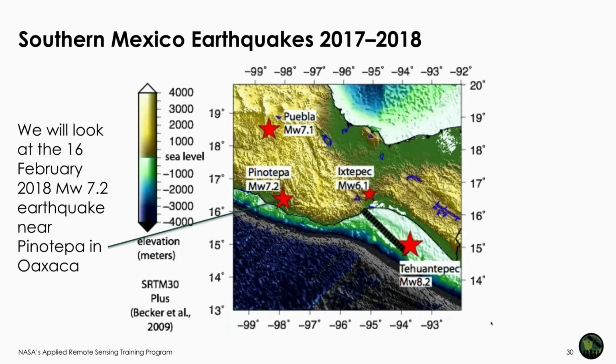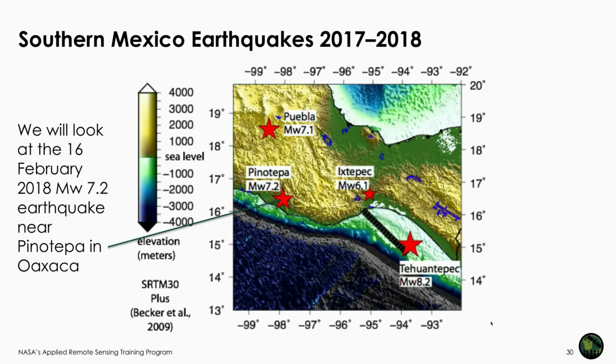So today I'm going to be doing a demonstration of an interferogram for an earthquake that happened in Mexico in February of this year, 2018, 16th of February. There's actually been a number of earthquakes since September of 2017.